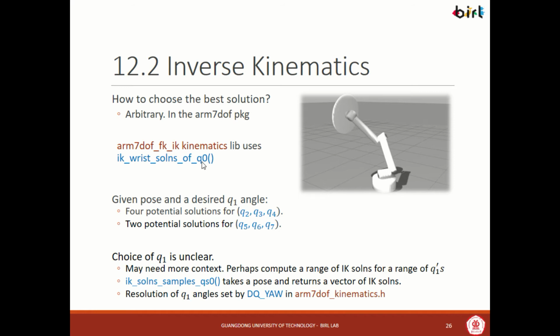Inside of this one, you have IK solutions, sample the Q's, the angle 0. What it does is you give it a pose and it returns a vector of IK solutions, and it needs a resolution of Q1 angles. Resolution here means how often should I check the Q1 angle solution?